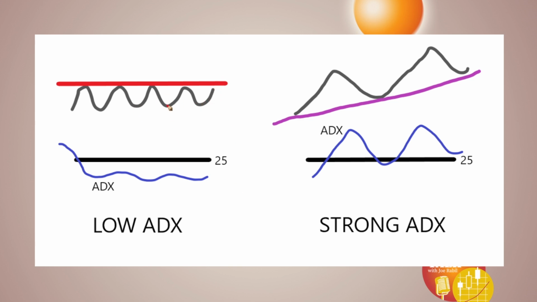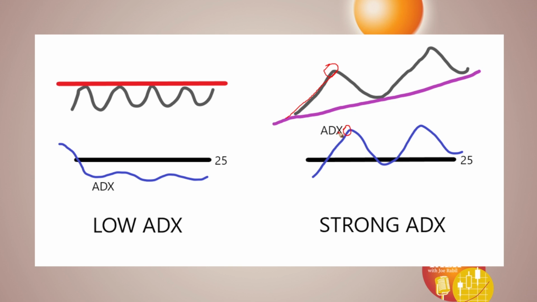All right. Now, on the right side, we have strong ADX, and that means every time price makes a peak, in this instance a strong move to the upside, the ADX actually makes a peak above 25. This is our reference line, 25. So it's well above the 25 level. In fact, in this case, you could almost say it was up around 40 or 50, right?